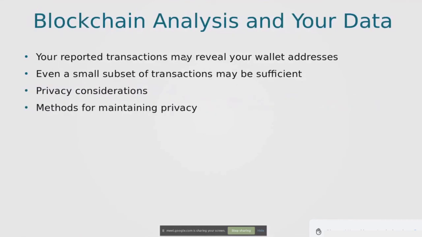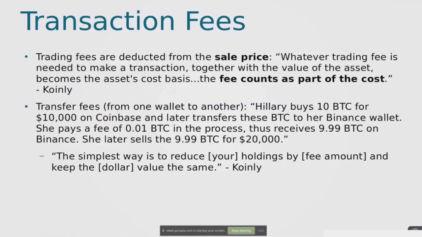And my last piece of discussion is keep in mind that when you're reporting transactions on Form 8949, you may reveal your wallet addresses. Frankly, it's surprising to me that we don't have to disclose our wallet addresses. I could see that becoming something that's required in the future. But let's go back to Form 8949.